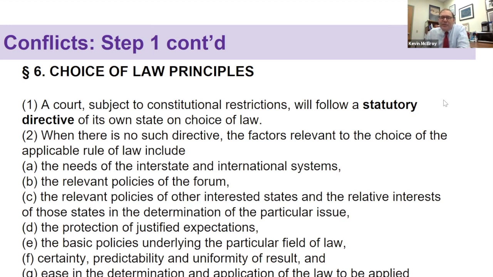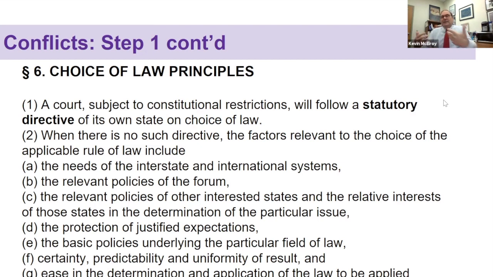If there's a statutory choice of law provision in Idaho law, Idaho courts must enforce it. End of analysis. Well, you use the analysis in the statute. End of restatement second. You don't go to these things here that we're about to go to.